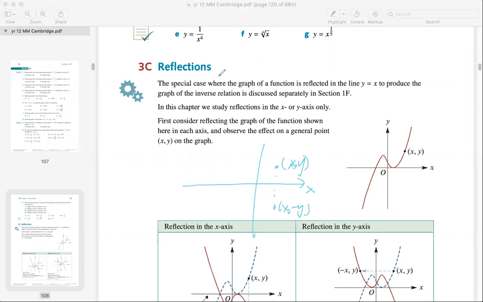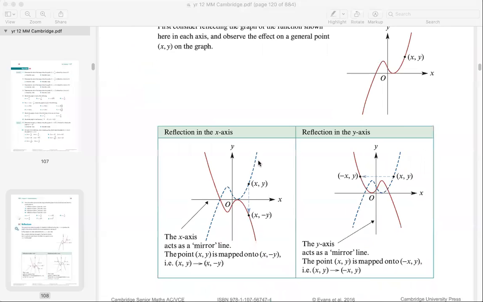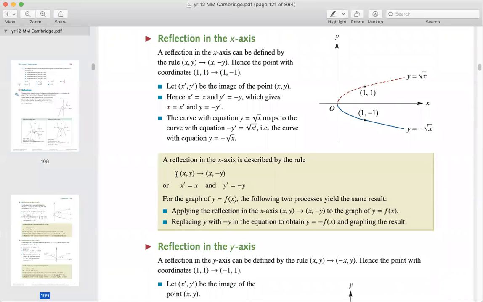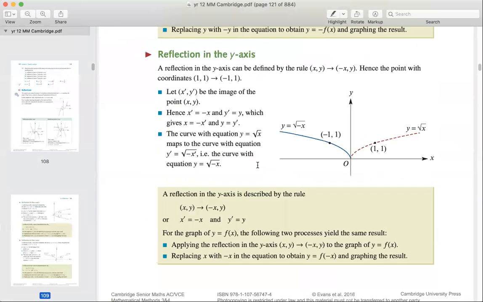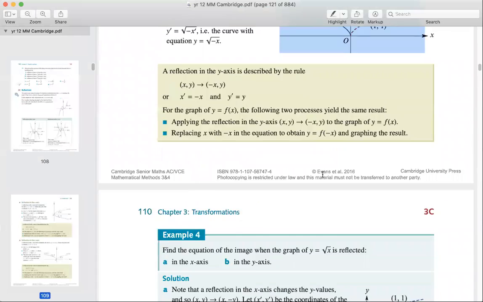And if I reflect in the y-axis, it's going to be (negative x, y). Just make sure you never get this wrong, otherwise the coordinate method is going to be a real struggle. Keep going. These are the coordinates we use, and this reflects in the y-axis.